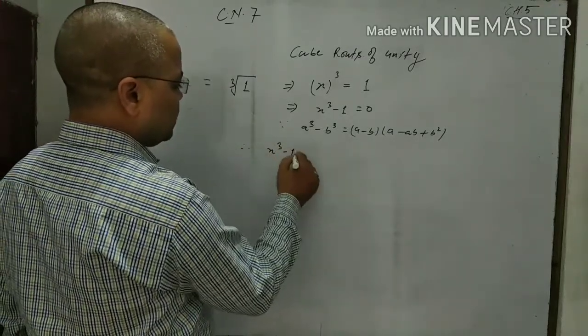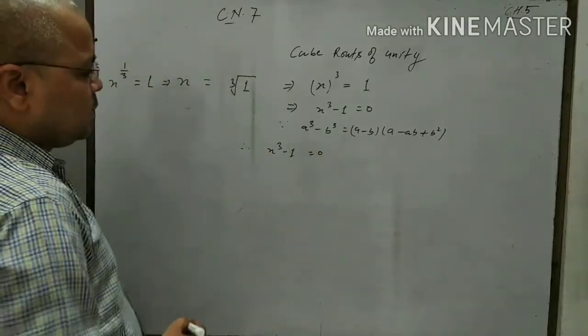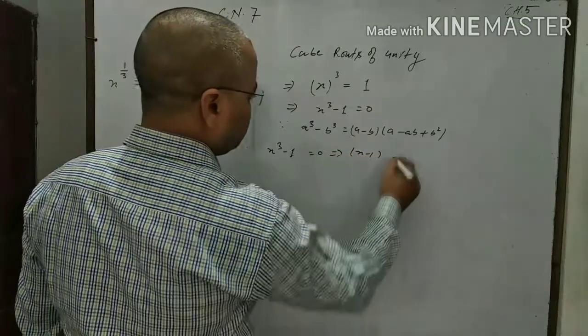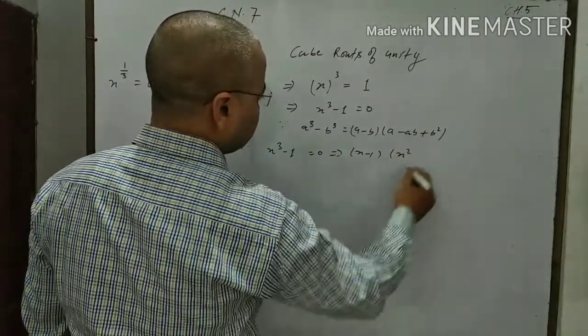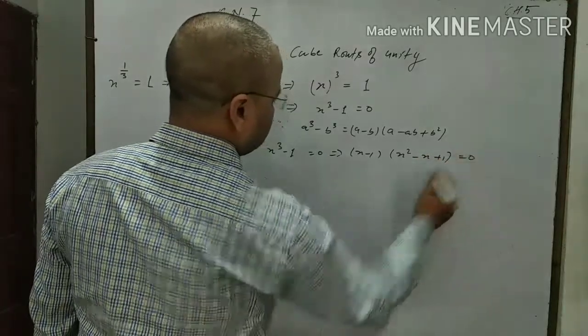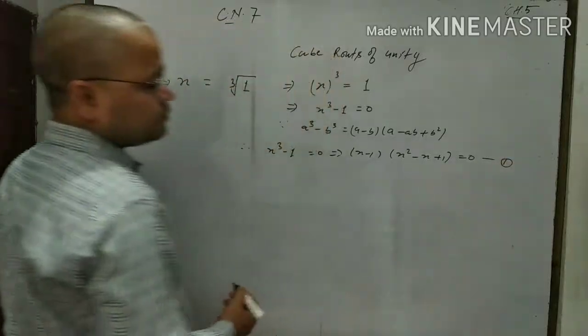x cube minus 1 is equal to 0. Okay, this implies that (x minus 1)(x square plus x plus 1) is equal to 0. Let this be equation first.